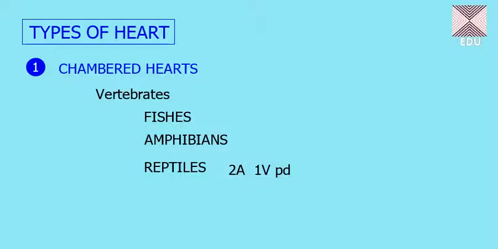So in the case of reptiles, we can have a 3.5 chambered heart, typically speaking. The ventricle is partially divided by the septum, but there will be no mixing of blood of the two streams in this particular case because of the presence of the spiral valve. So that is a good thing over here.